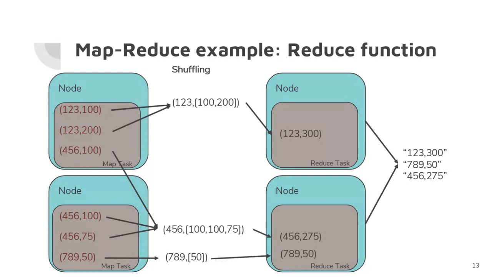And then we want to take the sum for each debit account. So that means we group by each key. For account 123, we group by that key, and then we get a list of values 100 and 200. For the third row here, that's account 456, we see the data is distributed.